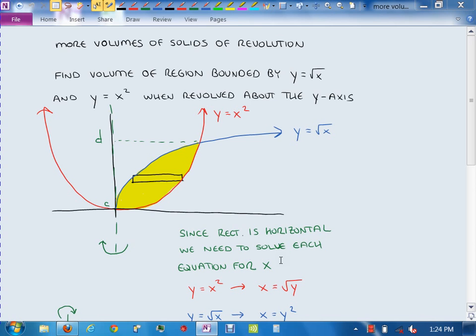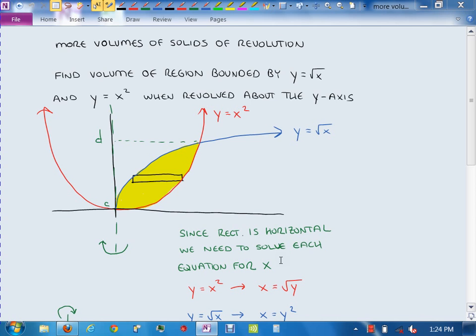And anytime our rectangle is horizontal, we know that our integral will have dy, right? If we have dy in the integral, that means that both of our equations must be solved for what variable? X. Yes?